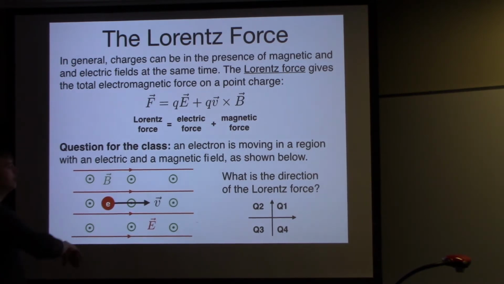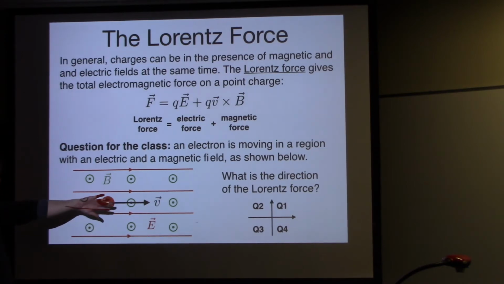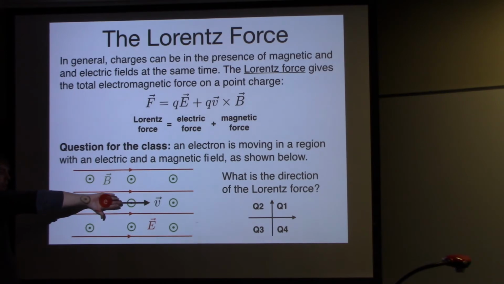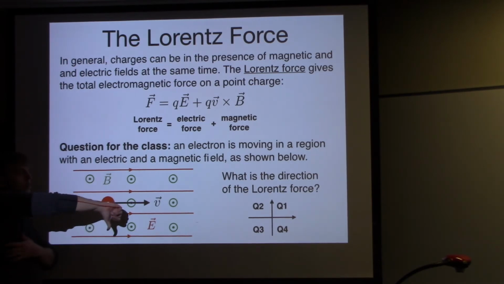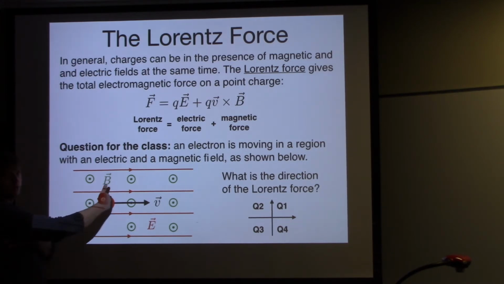I'm going to point the fingers of my right hand in the direction of V, and curl the fingers of my right hand in the direction of B, which is out of the page. Now my thumb is pointing down. Am I done? Is this the direction of the magnetic force? Well, no, because again, we have a negative charge. The actual direction of the force is going to go up.